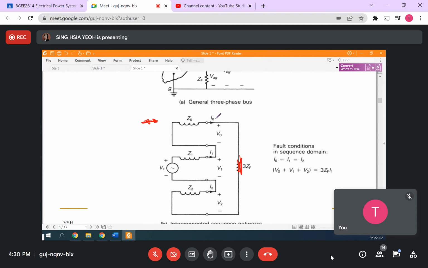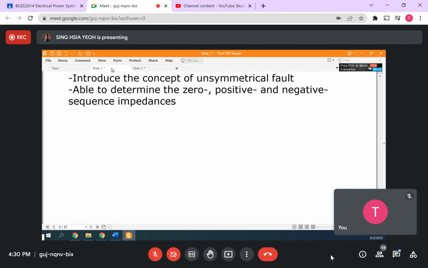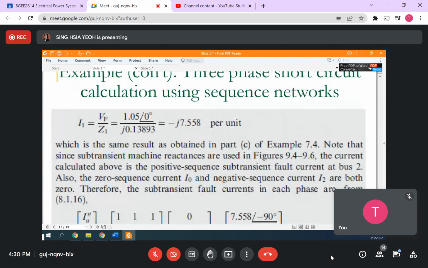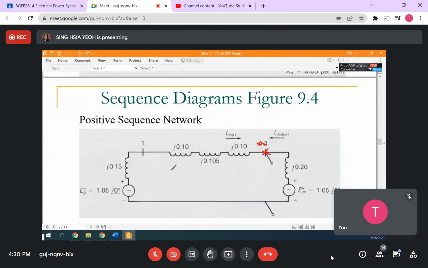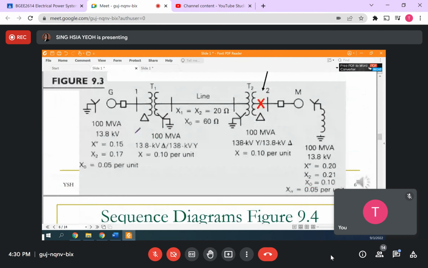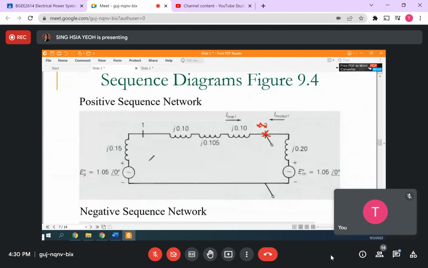Then can you find I0, I1, and I2, given VF, Z0, Z1, Z2? Just now you found them already, right? From the question, you draw the impedance, you find the new per unit value, then draw the diagram out.